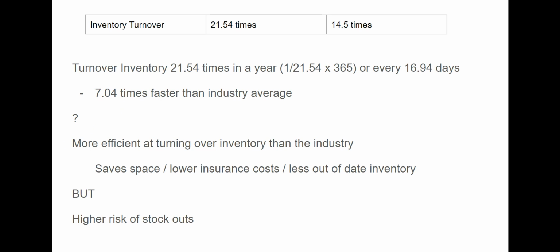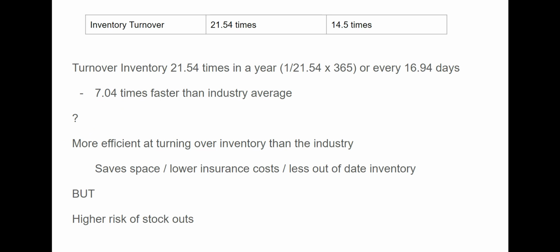They've got lower insurance costs and less out-of-date inventory. But there is a downside to this in terms of there's more chance of stocking out of inventory. So, for example, running out of bread, running out of cans of baked beans, because the inventory is coming in and leaving the shelves very, very quickly.